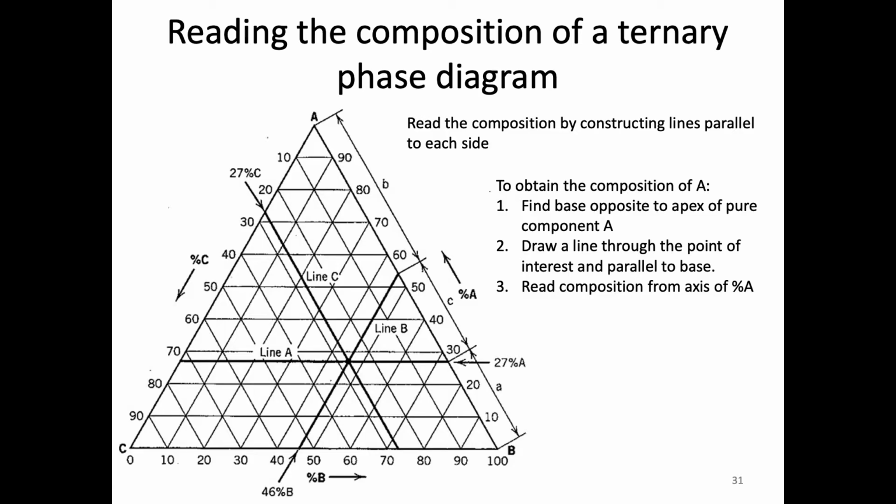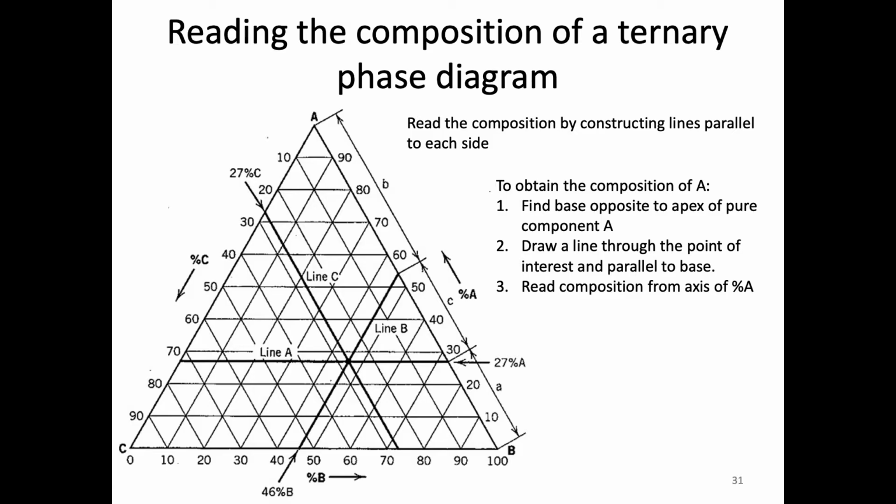All right. So the next thing I want to look at, now that we've got an idea of what these things look like, one of the first things that you're always going to want to do with a phase diagram is be able to read and write compositions, right? If I put a point on the plot, I want you to be able to tell me what that composition is.